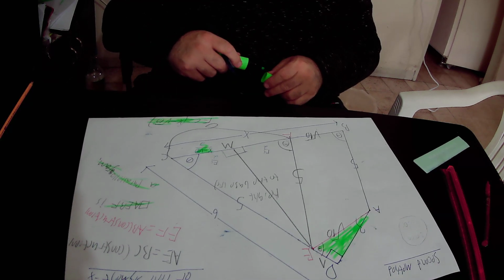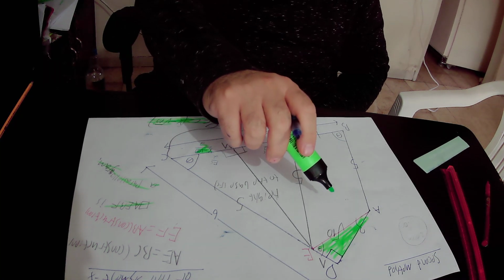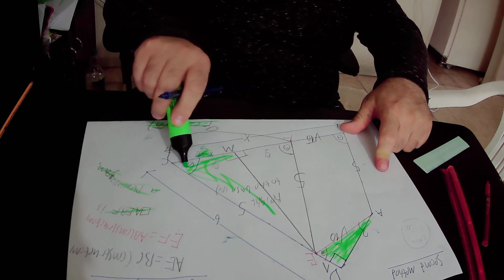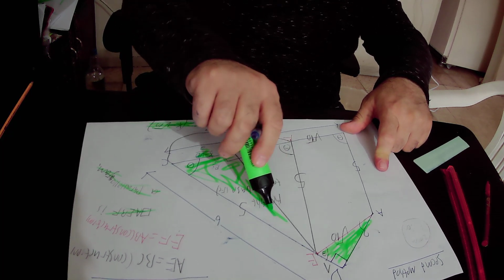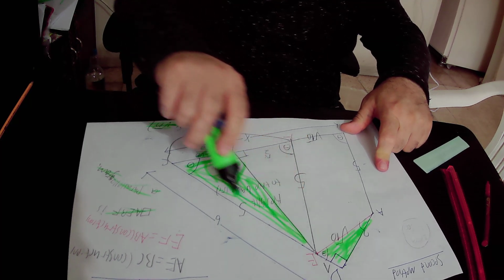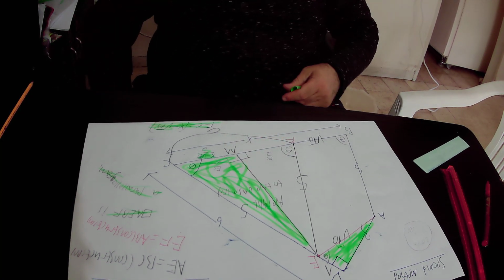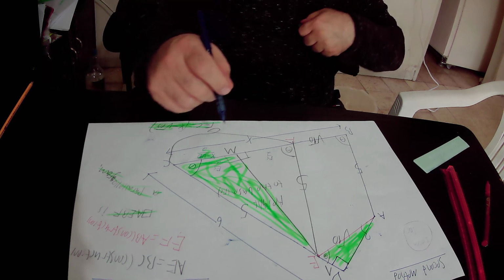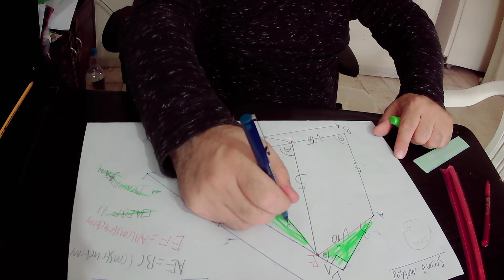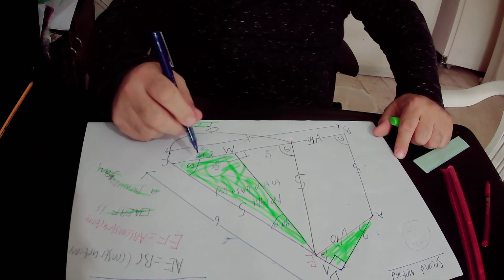In the next step, we prove that the right triangle EMC is similar to the right small green triangle ADE. So we prove that those two green right triangles are similar to each other. First of all, in the green right triangle EMC, this angle equals 90 degrees, this angle equals theta. So this angle must be equal to 90 degrees minus theta in order to complete the sum of the angles in this right triangle to 180 degrees.